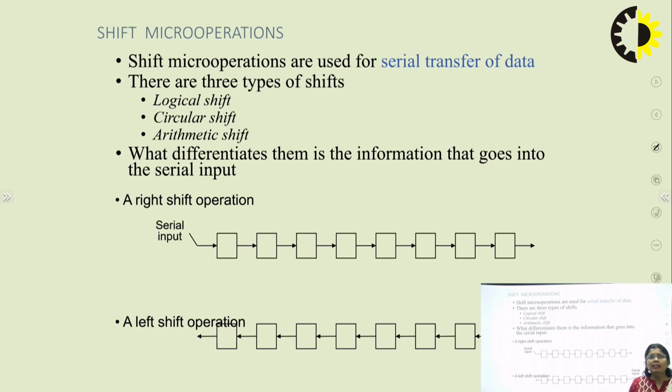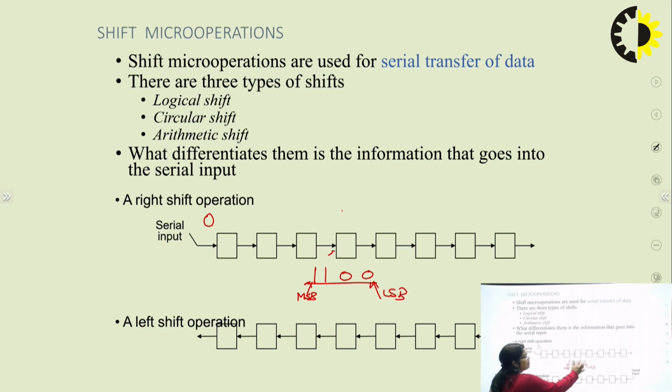Now, in the logical shift left and the logical shift right, what will happen? In the logical shift operations, there is a serial input. This serial input is nothing but you are inserting 0 at the MSB side. MSB side means, whatever the information is there, like 1100, the first left value is called the MSB, that is the most significant bit, and the last 0 is the LSB, that is the least significant bit.